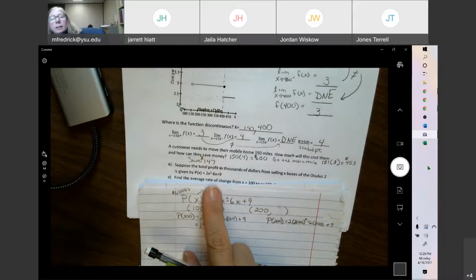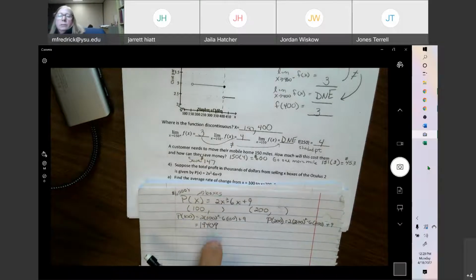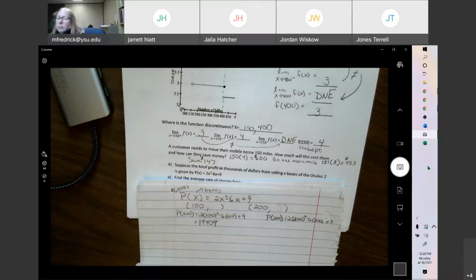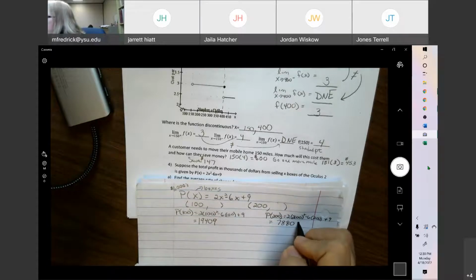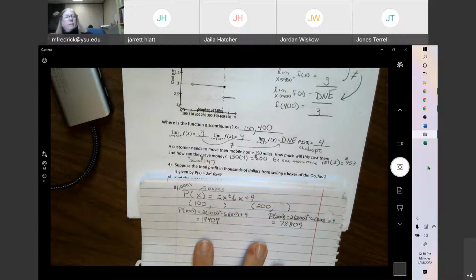So when you plug this in, I guess that's right. 2 times 100. Any questions on getting the y values?